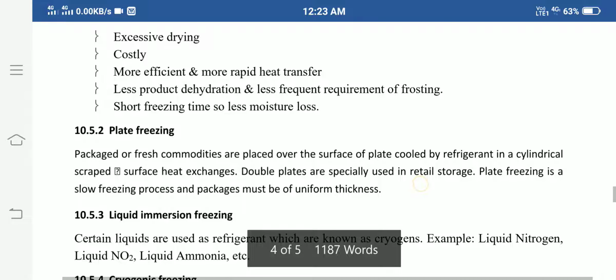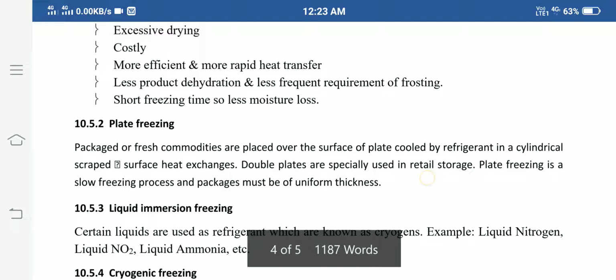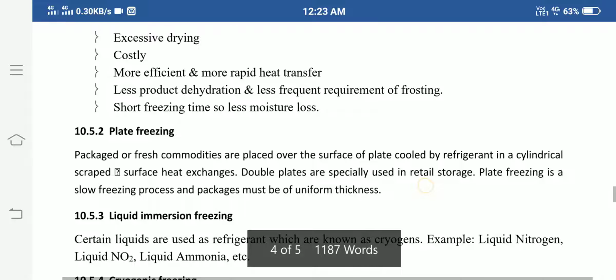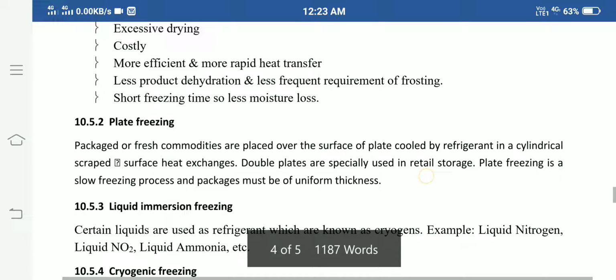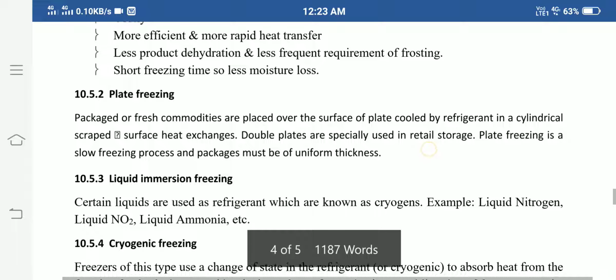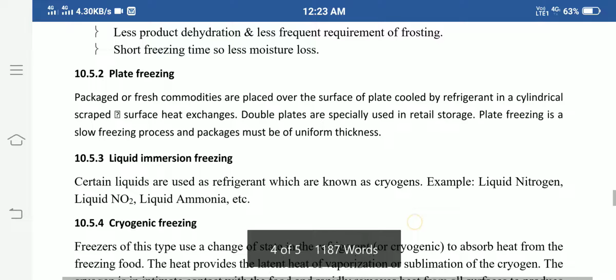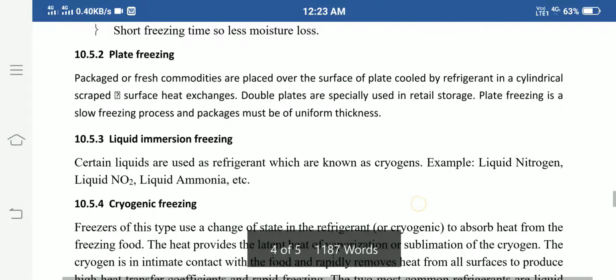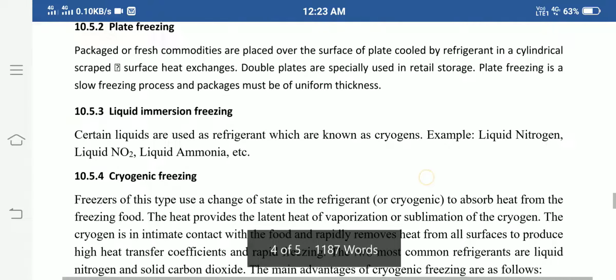It can be costly. It is efficient, with more rapid heat transfer, but capital cost can be there. It can result in excessive drying and short freezing time, so less moisture loss can be there.